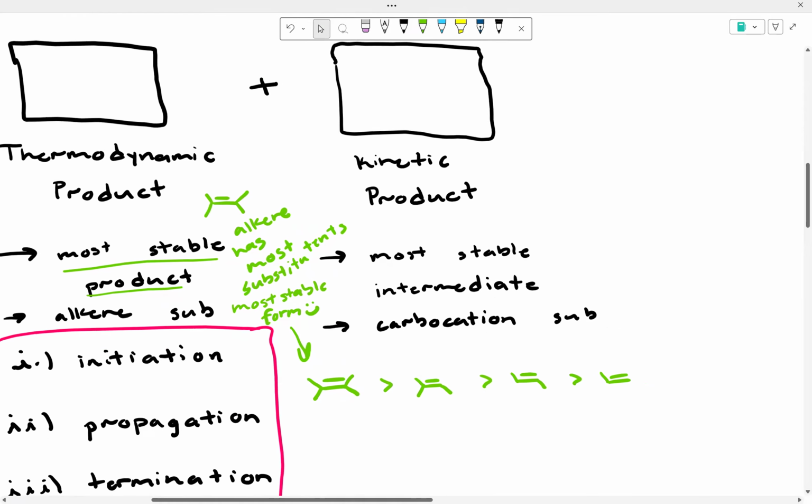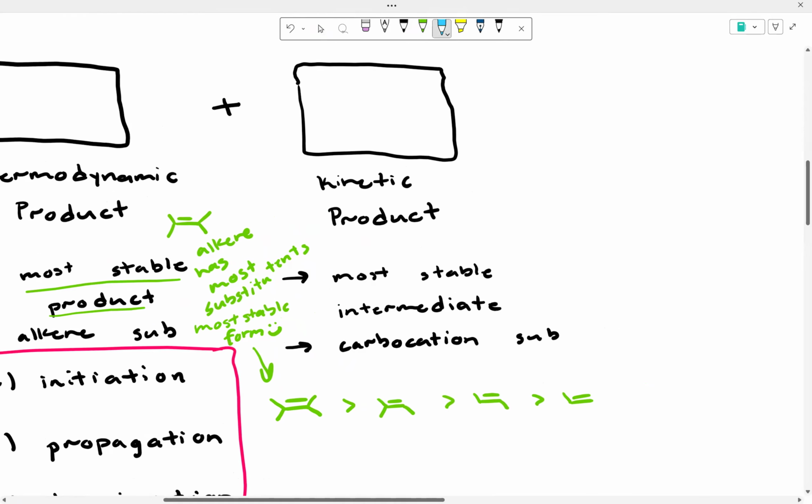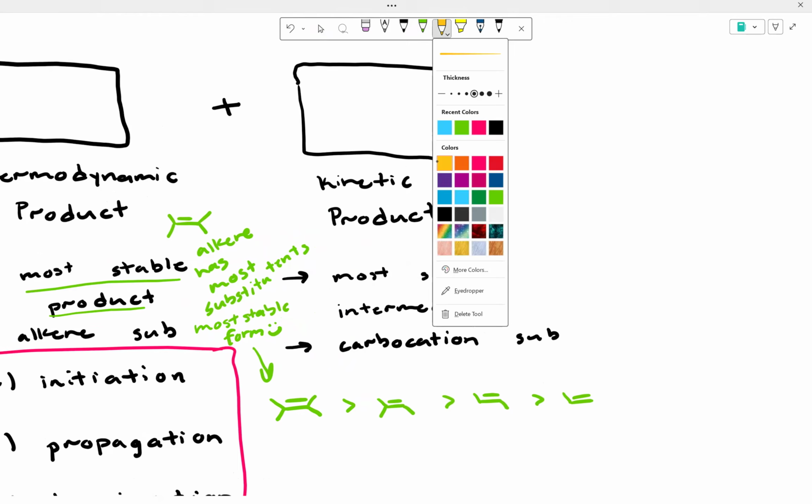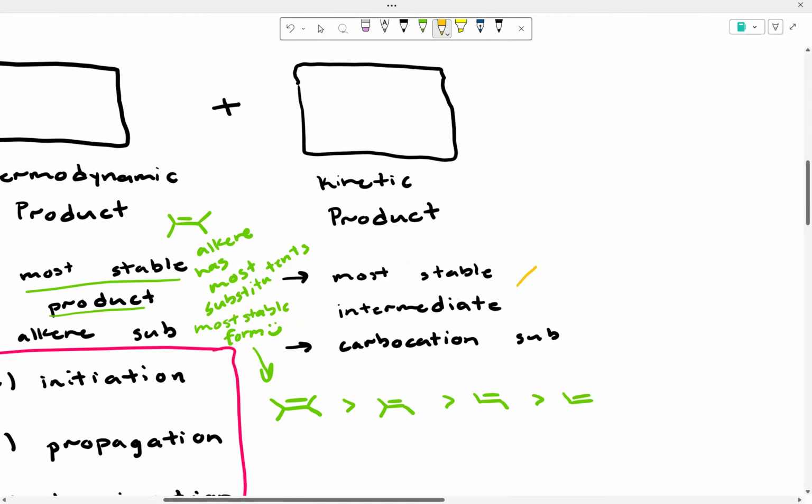The kinetic product is then formed by having the most stable intermediate. The most stable intermediate is a tertiary carbocation or a carbanion or a radical.